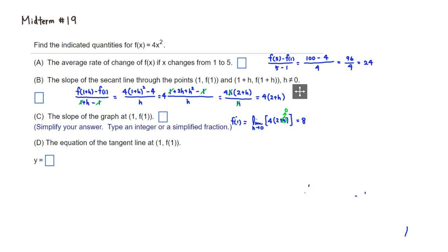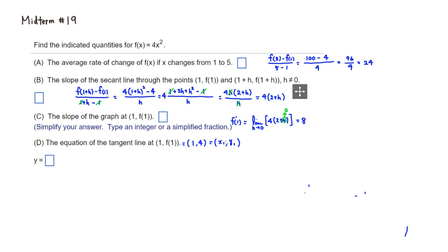Then part D, we want to find the equation of the tangent line at the point 1, f of 1. Remember that f of 1 is 4, so the point is 1, 4. I'm going to call it x1, y1, so x1 is 1 and y1 is 4.